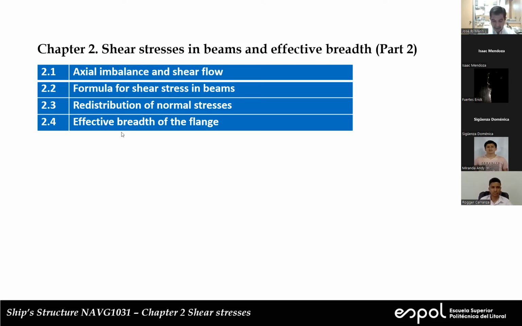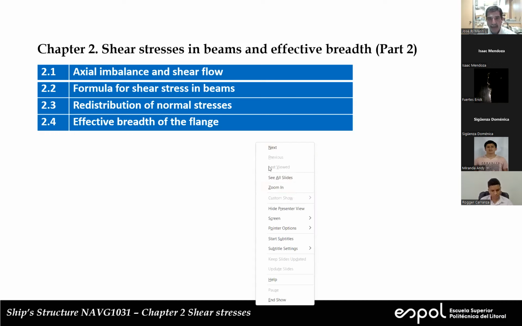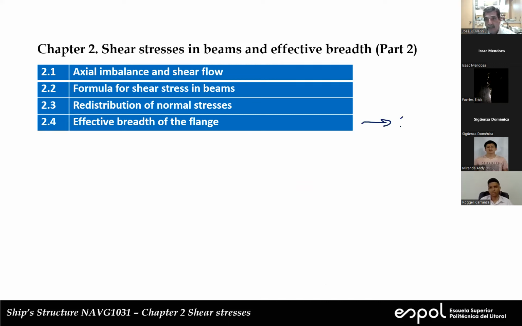So that's what we're going to be doing today. Just a little change, that's all. And then next week we can continue with the next topic, okay? So this is for today. Tuesday, 14th.